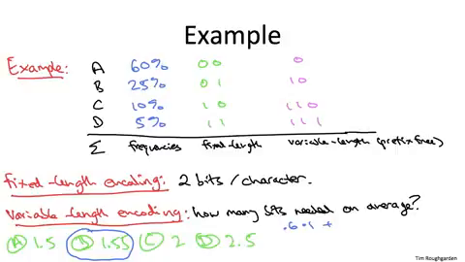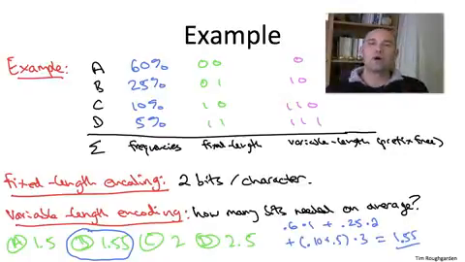We're only using 2 bits for each B. Now, it is true that C's and D's we're paying a price. We're having to use 3 bits for each of those, but there aren't very many. Only 10% of the time is it a C, and 5% of the time is it a D. And if you add up the result, that's taking the average over the symbol frequencies, we get the result of 1.55.